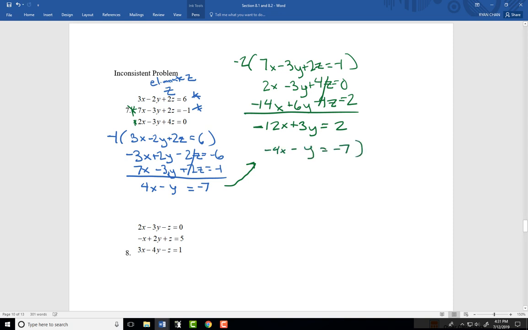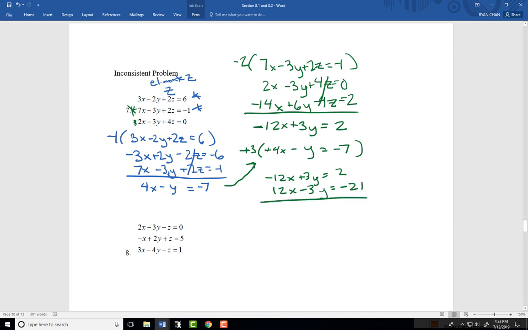I'm going to multiply the bottom row by 3. So I have -12x plus 3y is equal to 2, and I have 12x minus 3y is equal to -21.